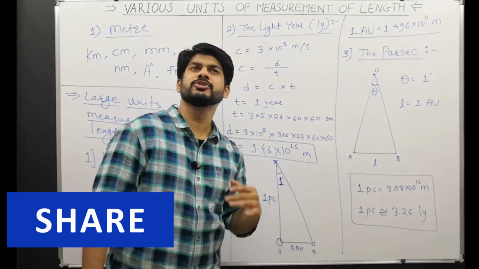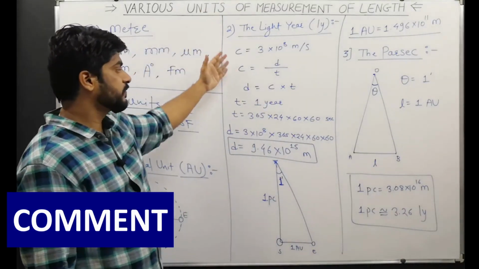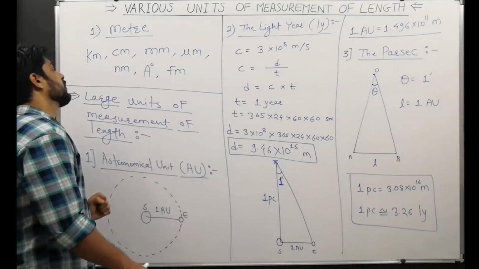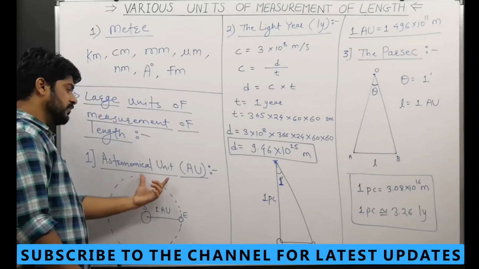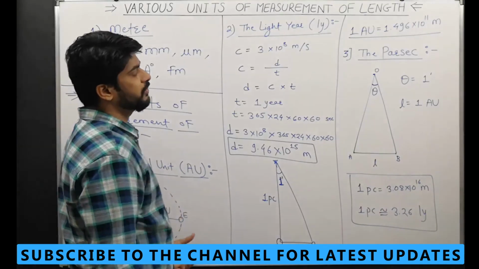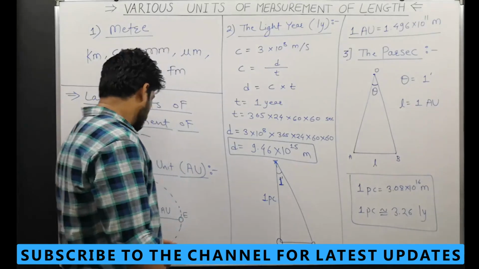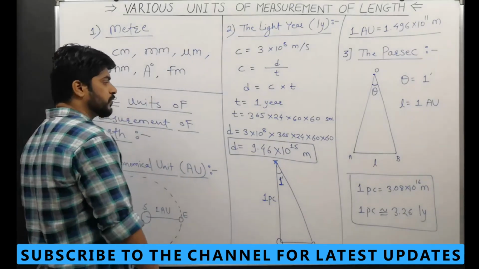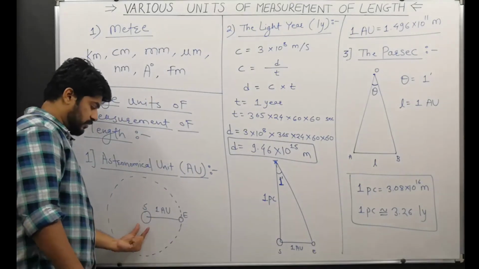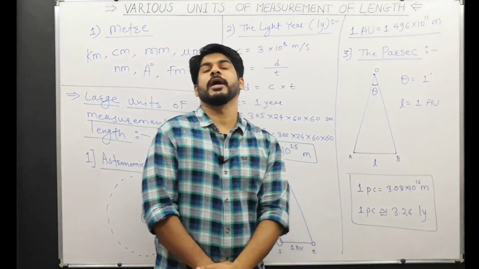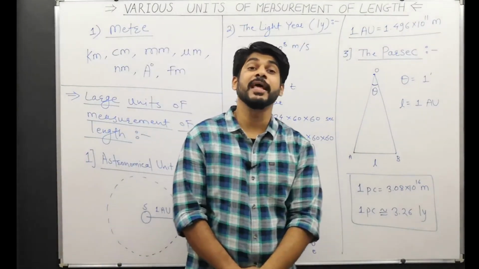Parsec is also used, but this one you will find a lot in books, more than these two. This is a constant actually, one astronomical unit. Everyone is a constant, but this is something that you can observe: this is sun and earth, the distance between them. I hope this is clear to each and everyone.